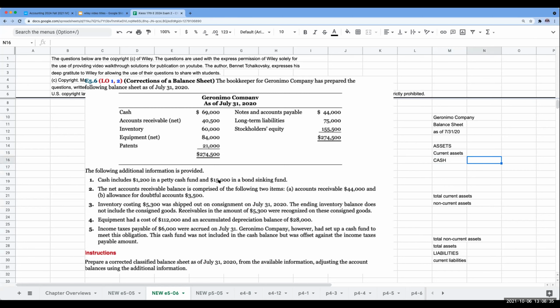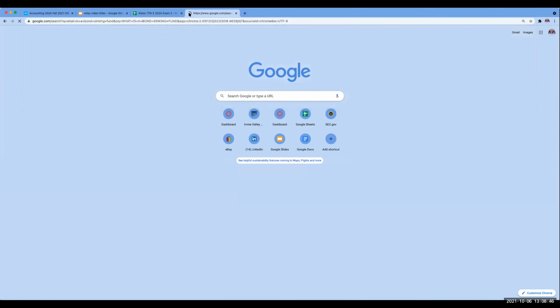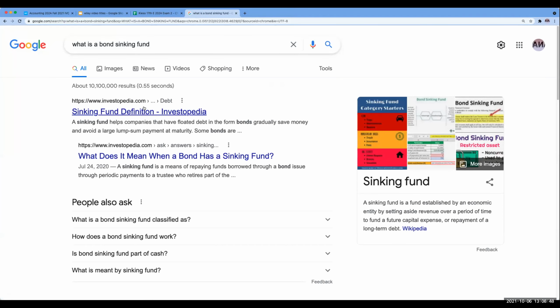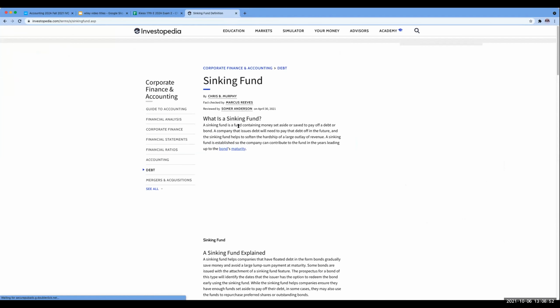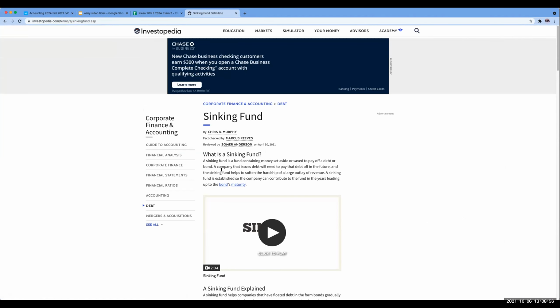What is a bond sinking fund? A sinking fund contains money set aside or saved to pay off the debt of a bond.